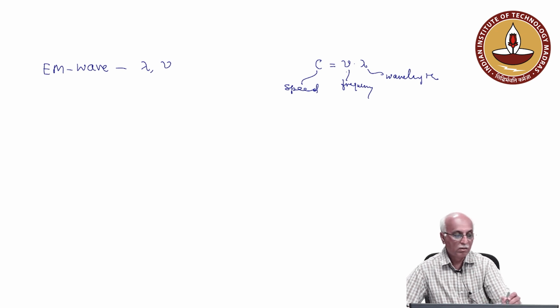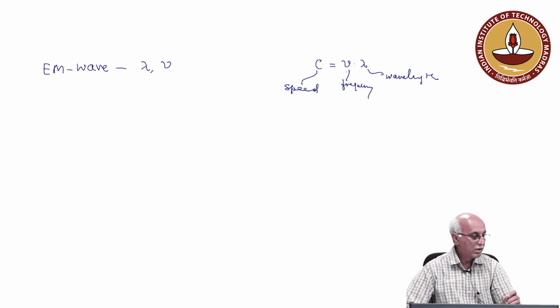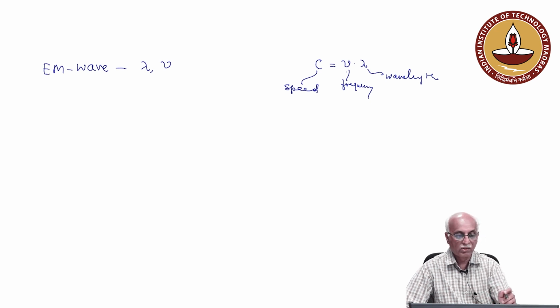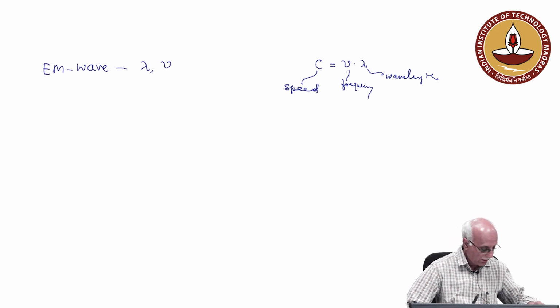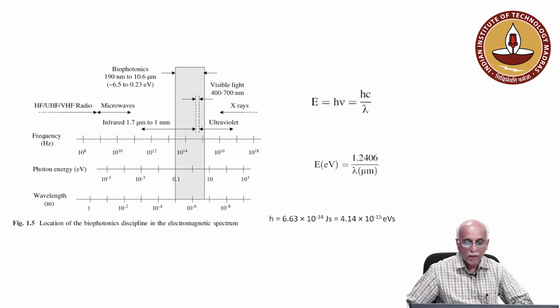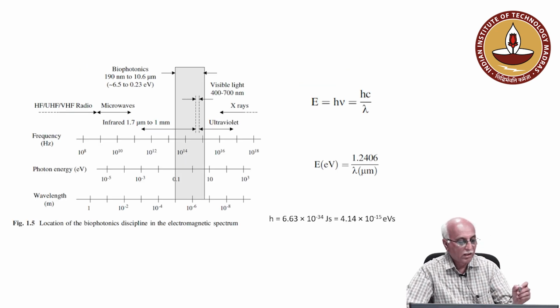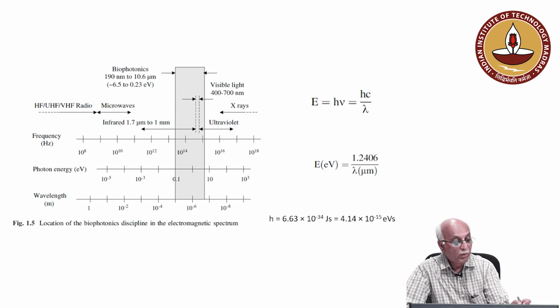So, the electromagnetic wave spectrum, if we observe its distribution in terms of frequency, what we are interested in for biophotonics applications ranges from 190 nanometer to 10.6 micrometer, which is determined based on the absorption characteristics of the species.